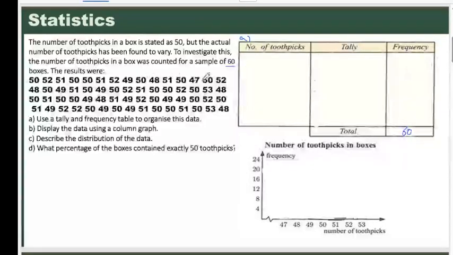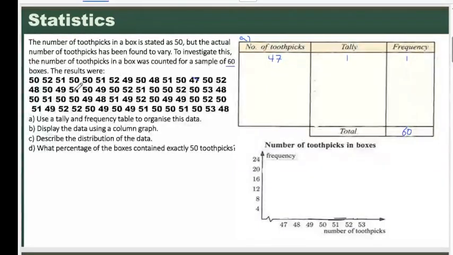Anyway, I start from the smallest number. The smallest here is 47. So for each box that includes 47 toothpicks, I write 47 here. I see I only have one, so I put one here and one here.